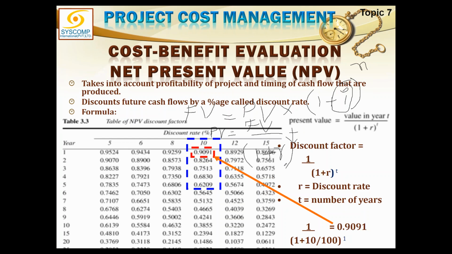If I promise you that I'll give you 1 lakh rupees after 2 years, what is the worth of 1 lakh rupees today? It's correct, sir. As of today, it's 1 lakh.